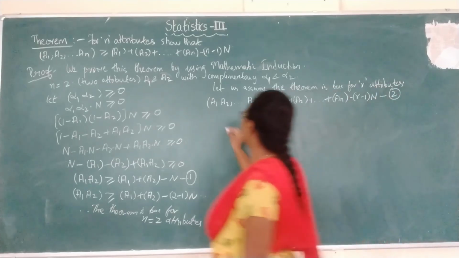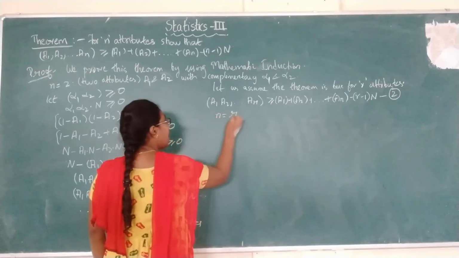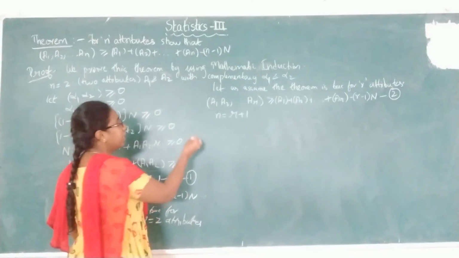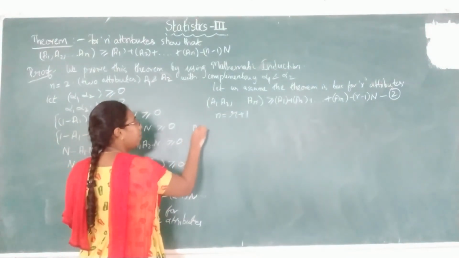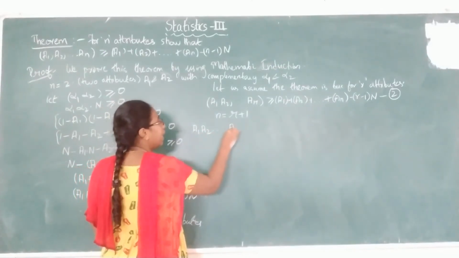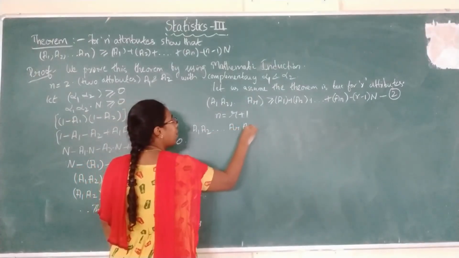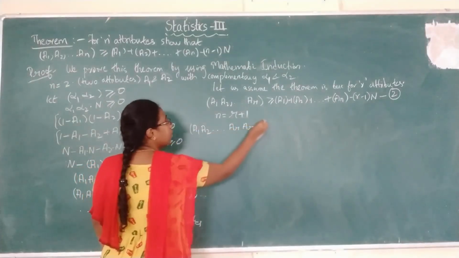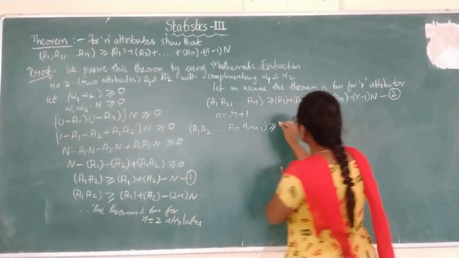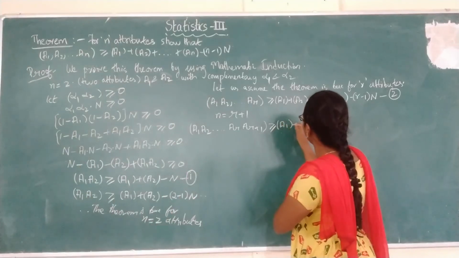Now consider n equals r plus 1. If you consider r plus 1 terms, what will you get? a1, a2, so on, ar plus 1 is greater than or equal to a1 plus a2.